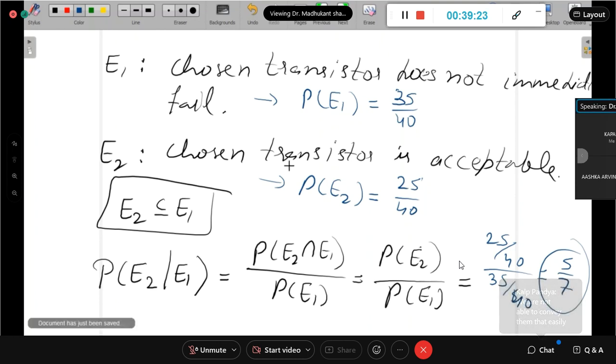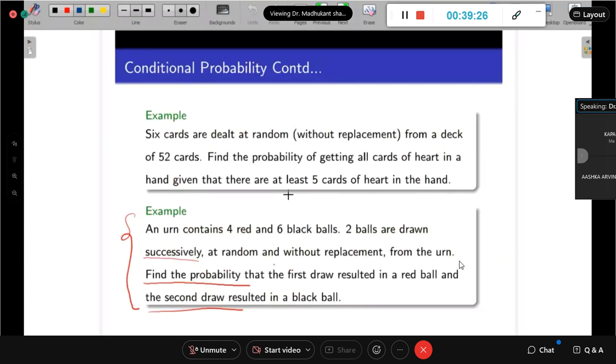If you go back, the first draw could result in either a red ball or a black ball, and the second draw can also result in a black ball or red ball. So there are two draws. Now you are asking about the difference between taking a red ball then a black ball, and taking a black ball given that red is taken.